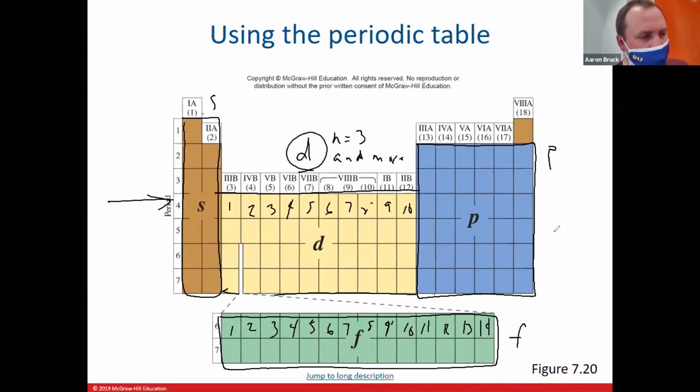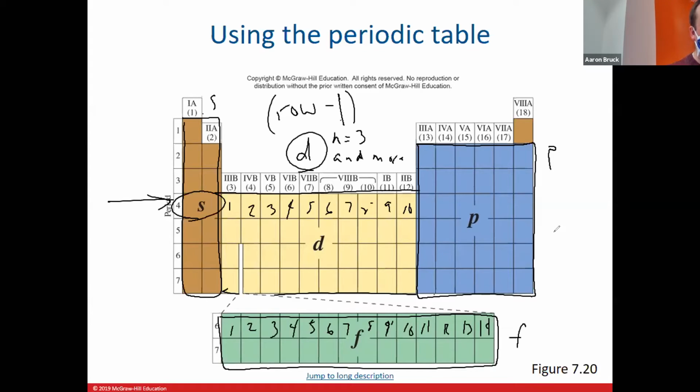And so the 4s actually is lower in energy than the 3D, so it fills first. So one thing that we have to know about the D sublevel is that we need to take the row number and subtract 1 from it in order to identify the orbital set, the sublevel, properly.